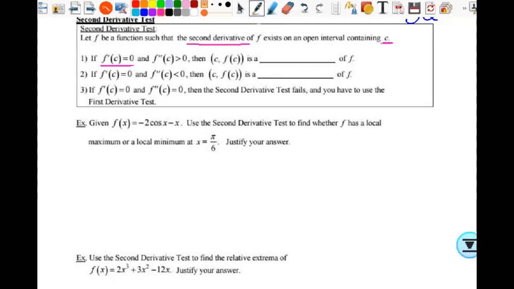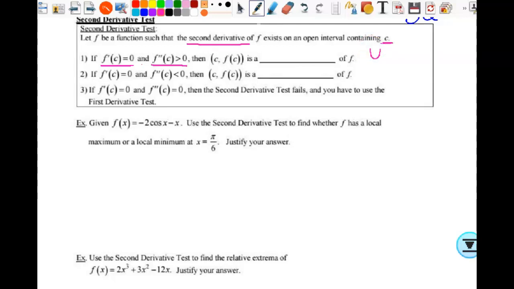If that's true and f double prime is greater than 0, okay, so tell me what happens when f double prime is greater than 0. F prime increases, and so this is positive. F prime increases, and f is concave up. Y'all agree with that? Okay, so that means that f looks like this, right?